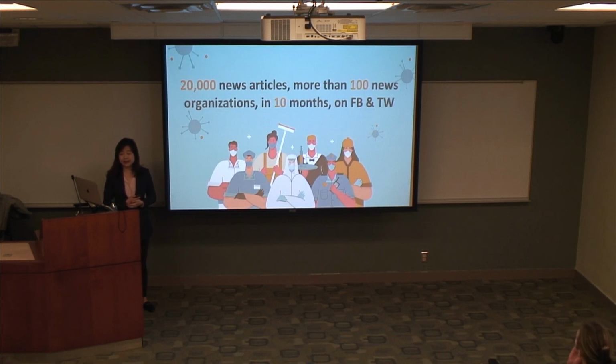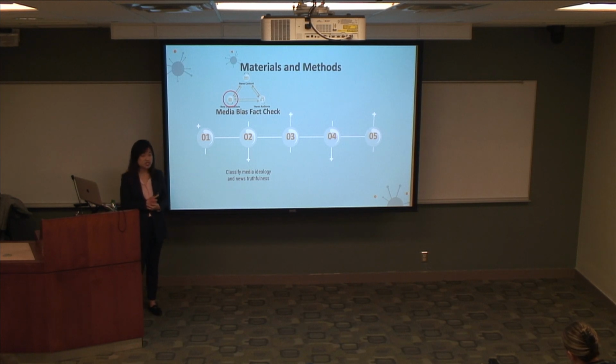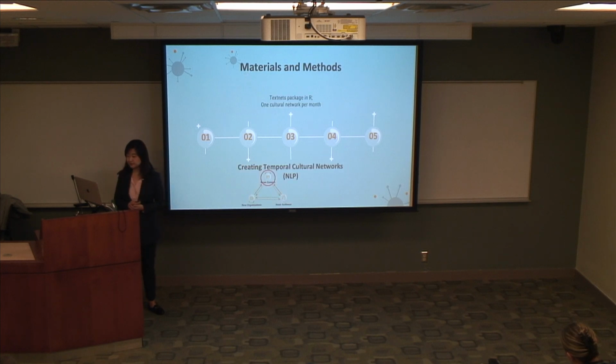In total, we collected more than 20,000 news articles from more than 100 news media in 10 months on Facebook and Twitter. Next, we rely on Media Bias Fact Check, which is a third-party independent organization, to classify news media in terms of their media ideology and news truthfulness. So this step collected data for the news organization sector.